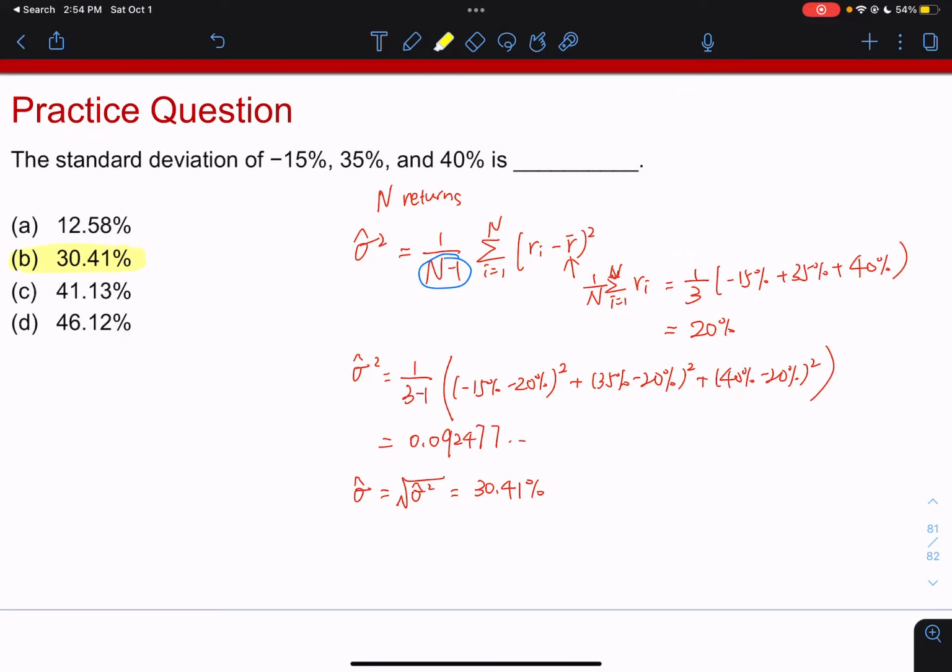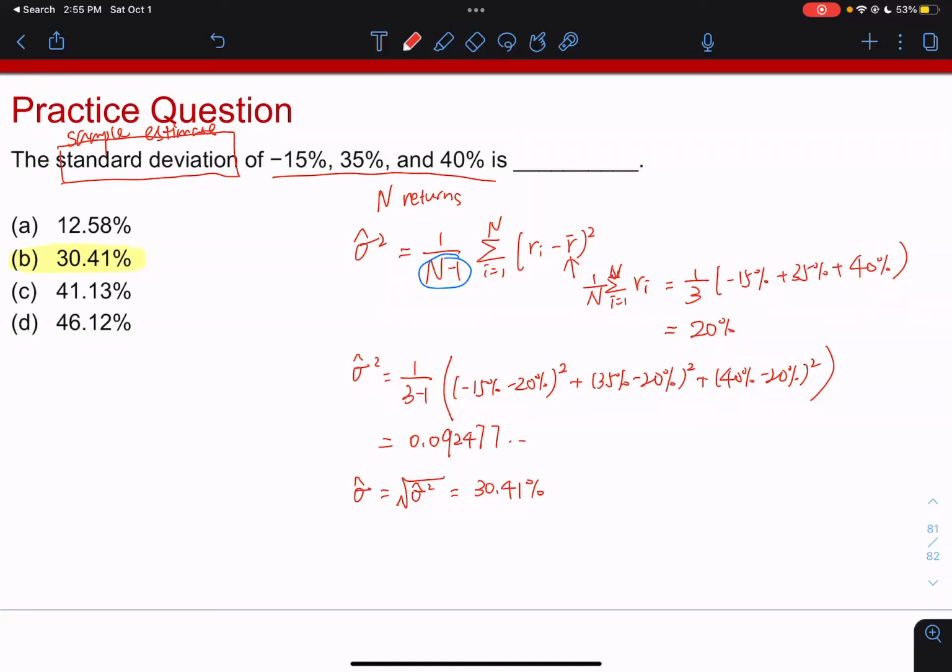I think the formula is quite straightforward, but this is related to one of the practice questions we covered in practice quiz 2. Here, the question asks you to calculate the standard deviation of this. So the most rigorous way to say it is, what is the sample or estimated standard deviation of the returns? Then you should plug in this formula.